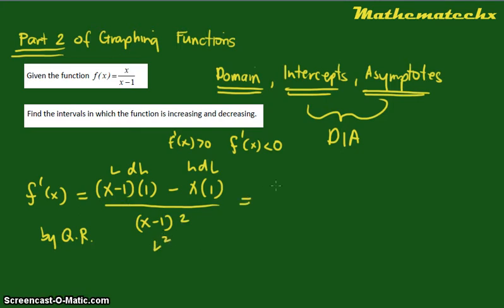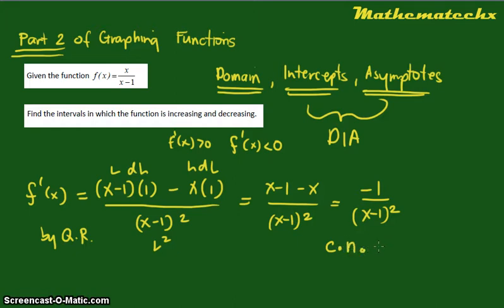Then we simplify. This is x minus 1 minus x over x minus 1 squared. In simplest form, this is negative 1 over x minus 1 squared. With the derivative, we can identify the critical number.